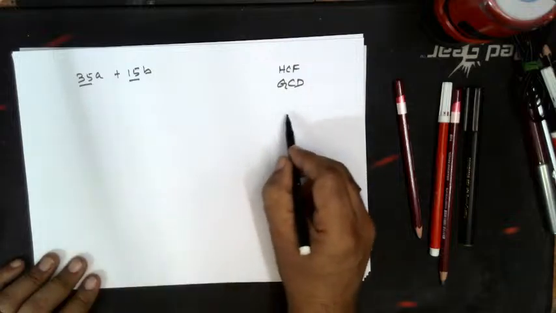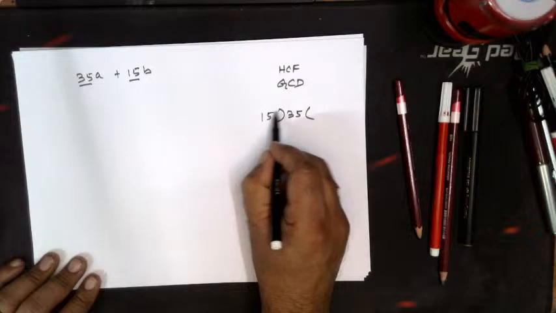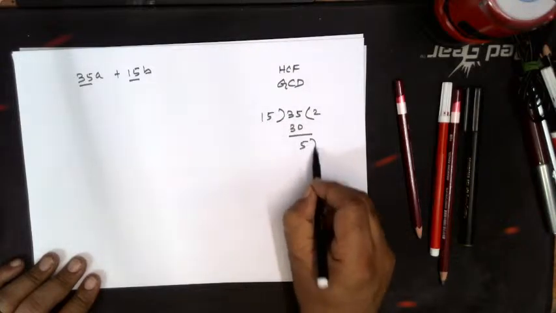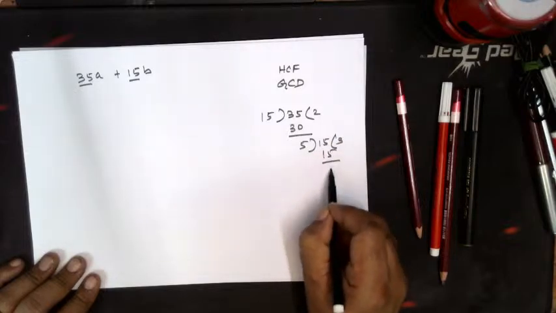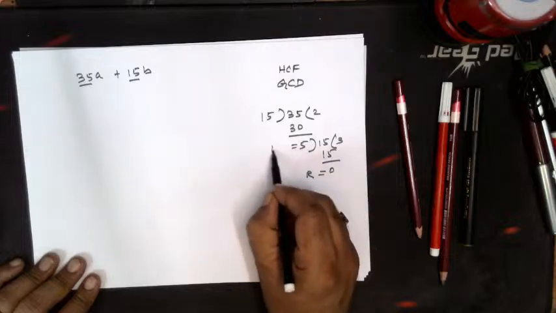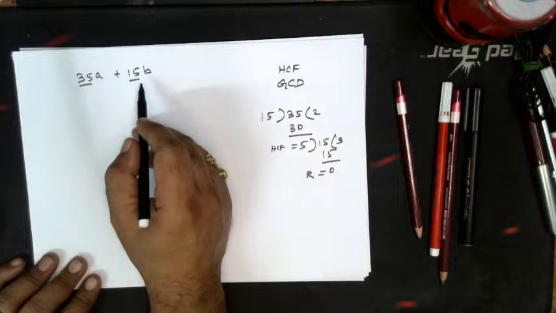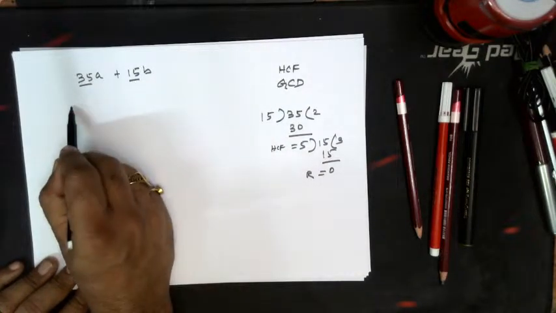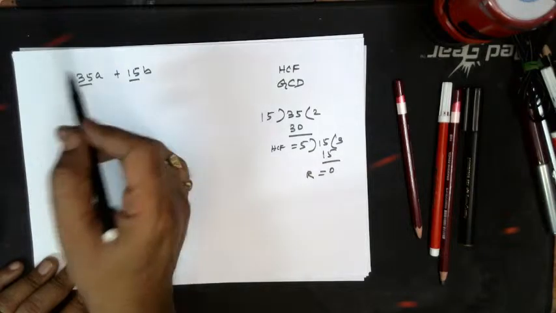Let us adopt the division method. 15 2 times 30, balance 5, and here 15 3 times 15, 0. So this is the remainder, and definitely this is the HCF or GCD. Now you can take the 5 outside the bracket. Are you listening? When you take it outside the bracket, you are dividing.